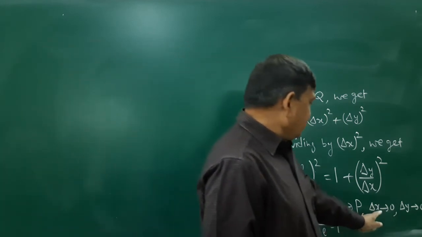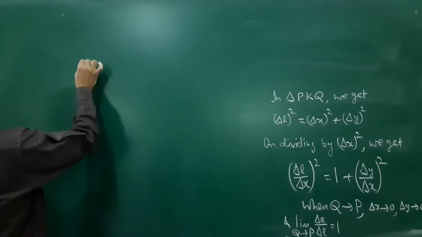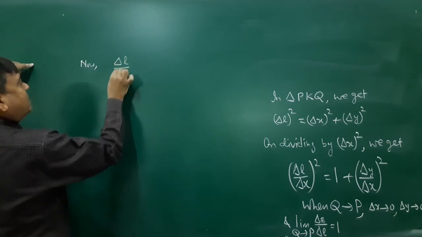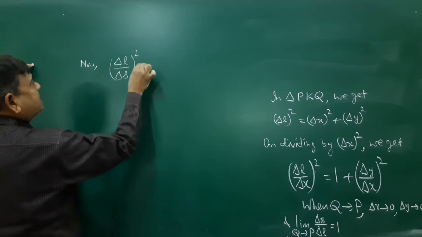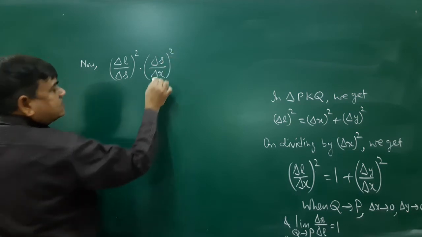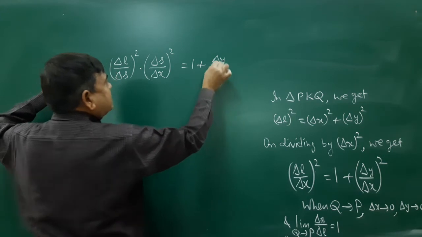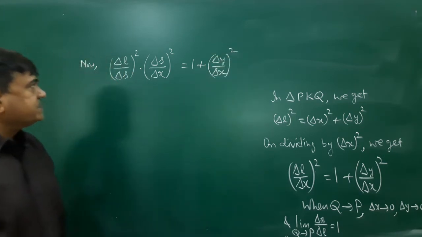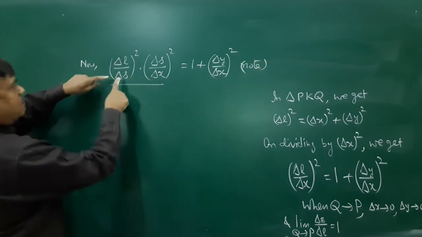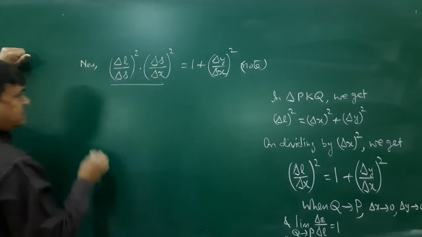When Q tends to P, delta x tends to 0, delta y tends to 0, and this we have already proved. Now delta L upon delta S whole square into delta S upon delta X whole square equals 1 plus delta Y upon delta X whole square. ये ध्यान रखना है. नोट मॉडिफाई किया मैंने इसको, मल्टीप्लाई और डिवाइड किया है इससे. Delta L upon delta X, it is written like this.